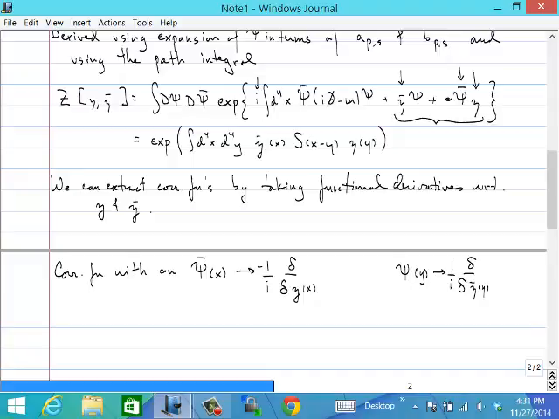And you get a minus sign because you have to commute. So if you replace x2 and x4 here, you have to commute psi 2 through one of these guys and psi 4 through two of them. So you have three anti-commutations, so you'll get a minus sign here.